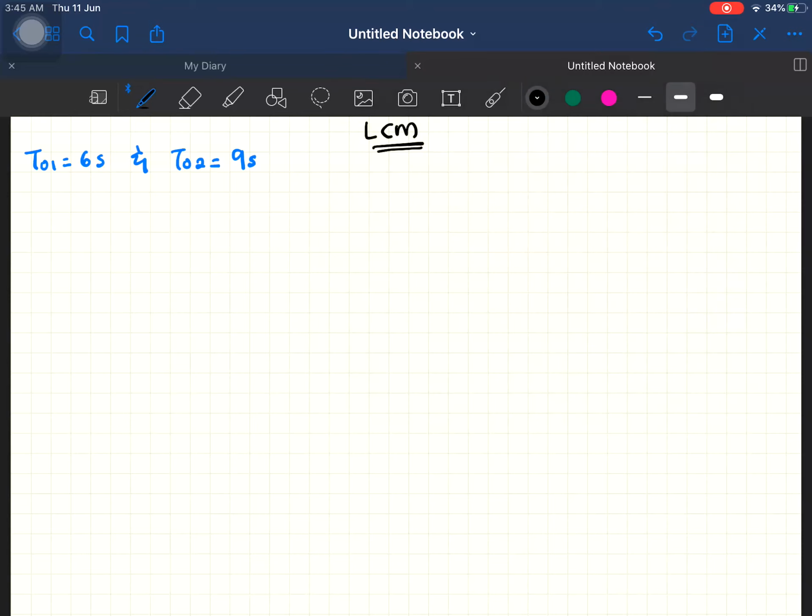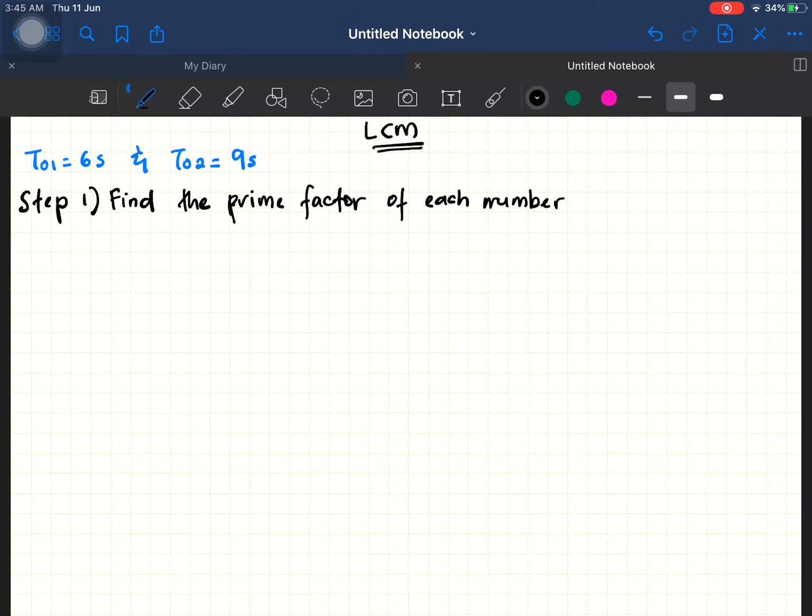The first step that you need to do is to find the prime factors of each number.